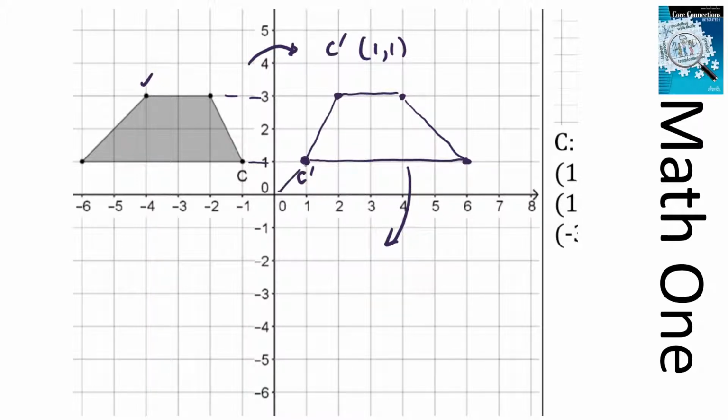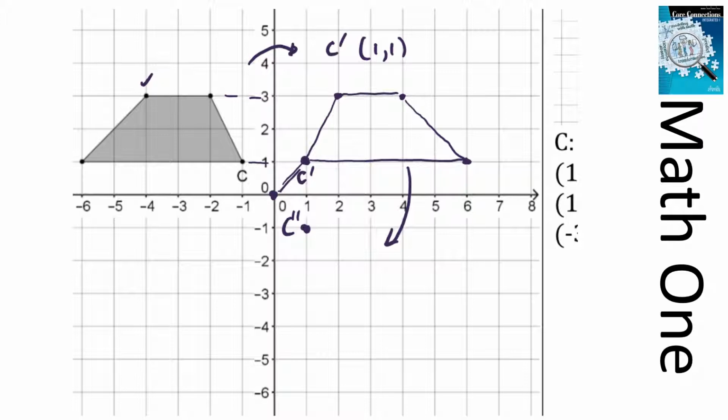Slopes become opposite reciprocals. So if you look at this, the slope from the origin to 1 is up 1 over 1. Well, that means the slope after the rotation is going to still be 1 and 1, but now one of those has to be negative. It's going to be over 1 down 1. So this is where C is going to go. So this will now be C double prime.